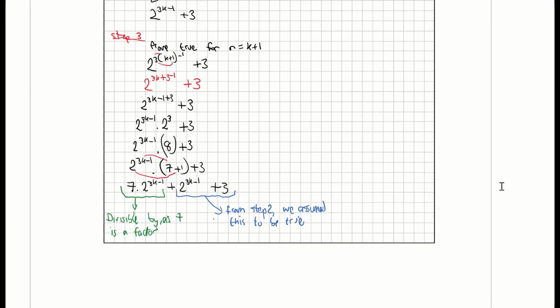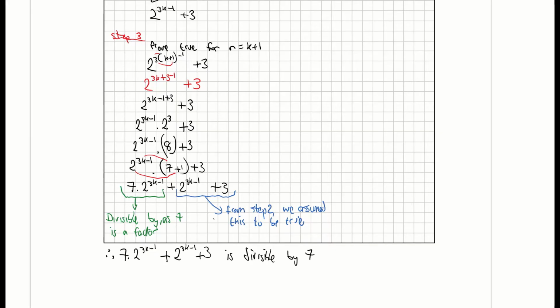So our final conclusion, just to make sure we make our conclusion here at the end. So therefore, we can now conclude that 7 times 2 to the power of 3k subtract 1 plus 2 to the power of 3k subtract 1 plus 3 is divisible by 7.